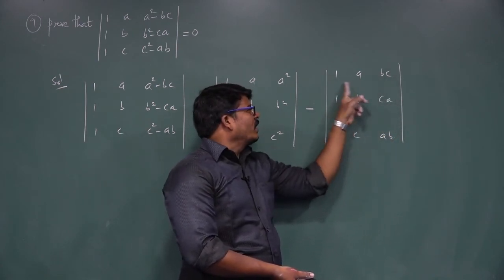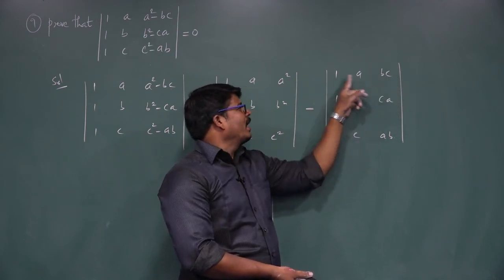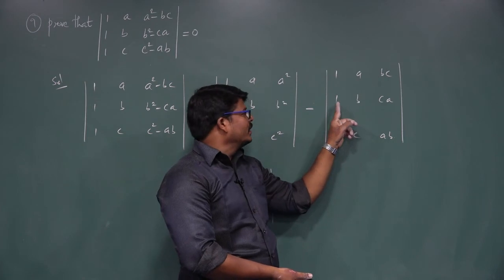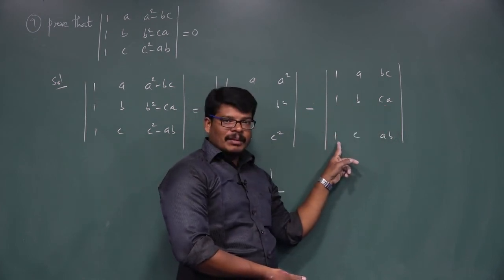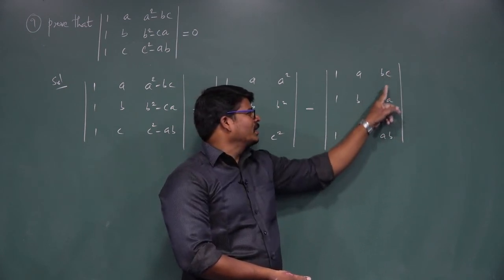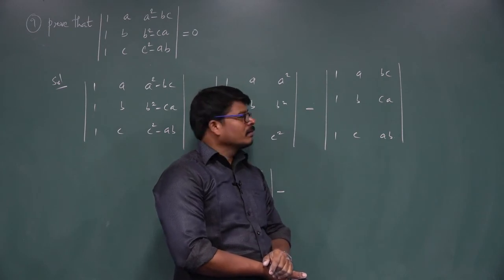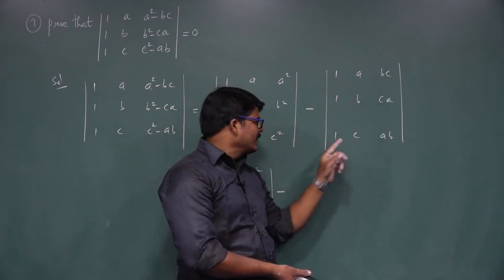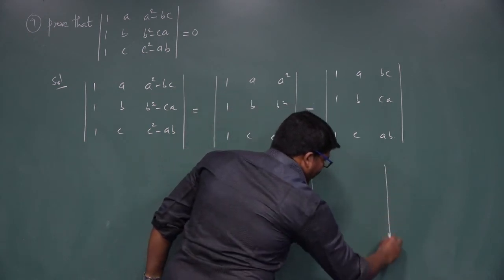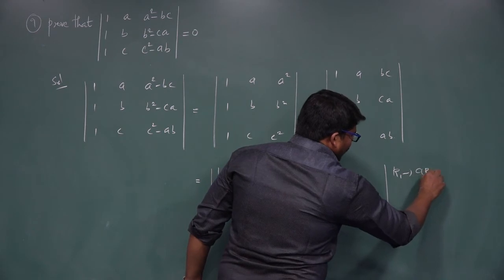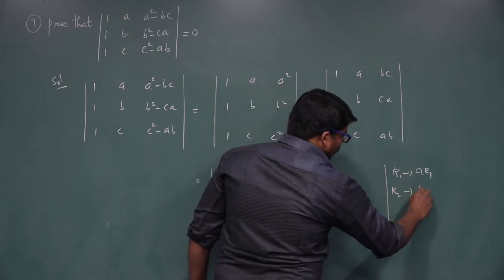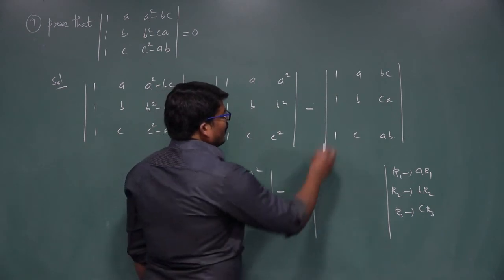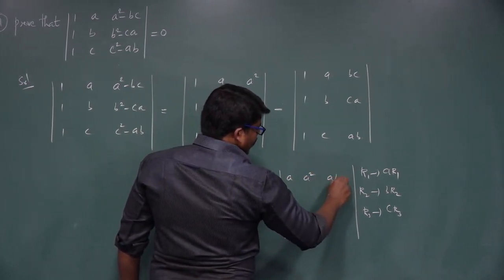Now the first row is multiplied by A, the second row by B, and the third row by C. The first row becomes A square, ABC.